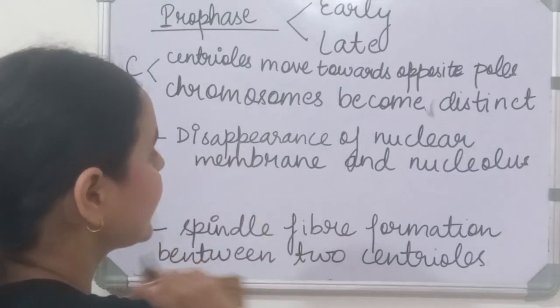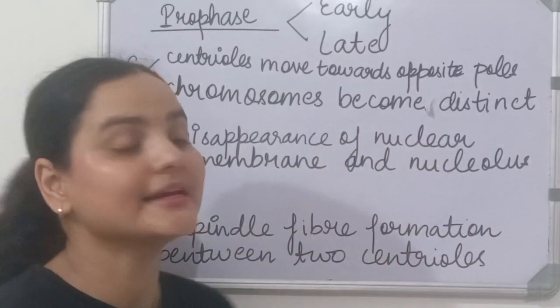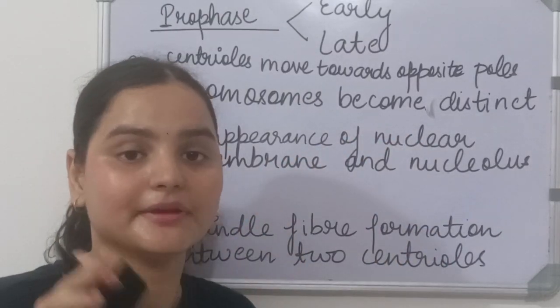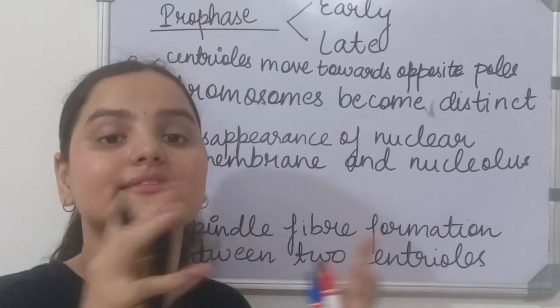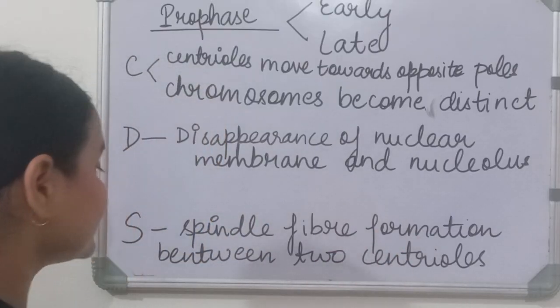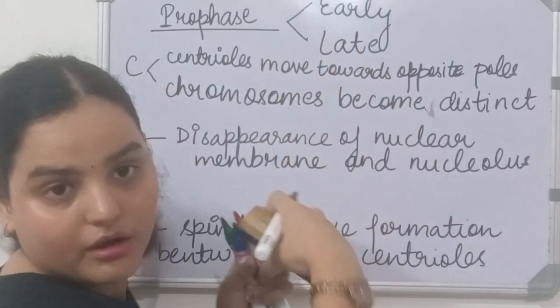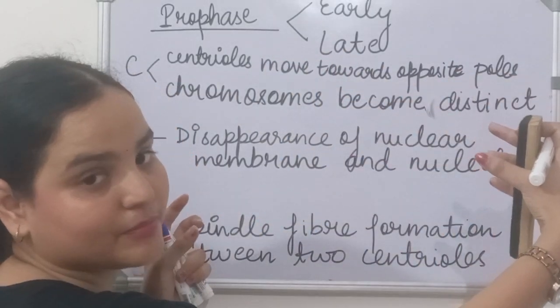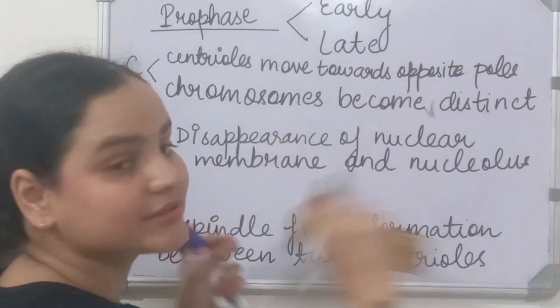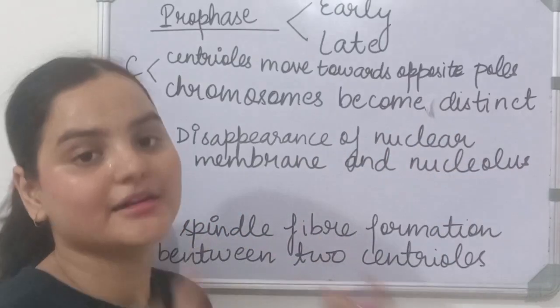Now, disappearance of nuclear membrane and nucleolus. They start disappearing. Next is spindle fiber formation. The two centrosomes have reached the opposite poles, and between these two poles spindle fibers start forming.